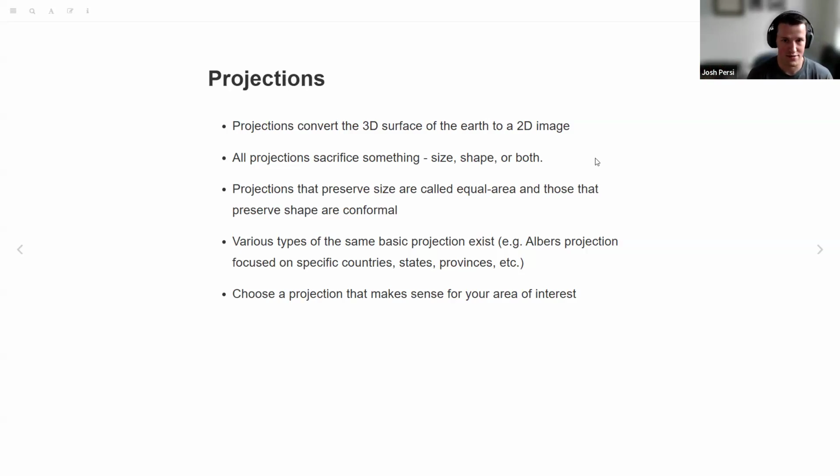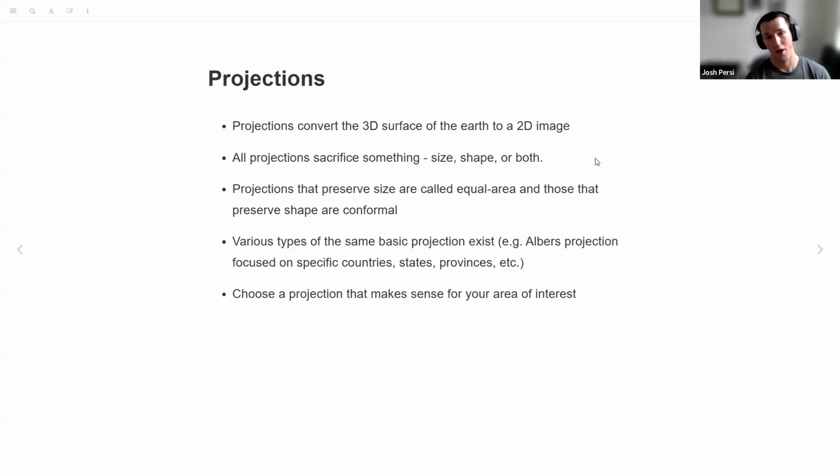All projections sacrifice something, either size, shape, or both. Because the Earth is a sphere, you can't unwrap it and preserve everything all at once. So because there's this inherent trade-off, there are 1,000,001 different projections you can use for different areas of the world and for different concerns.